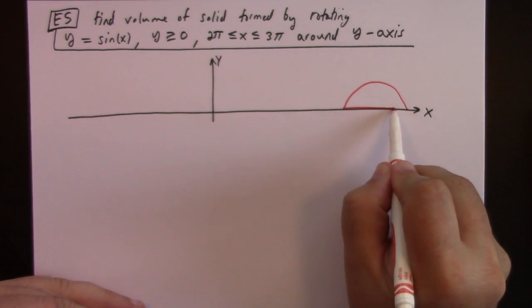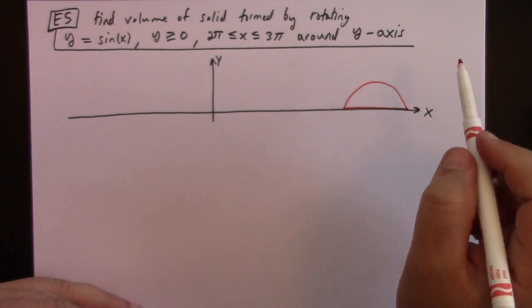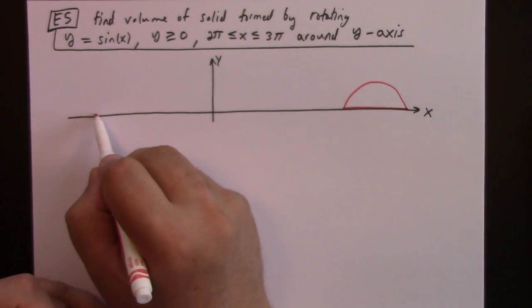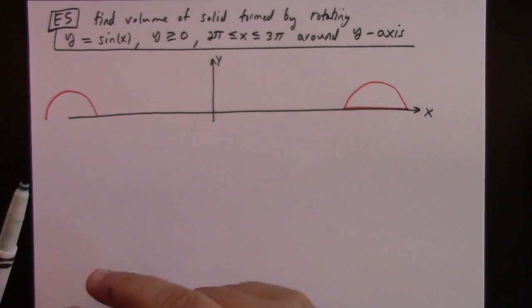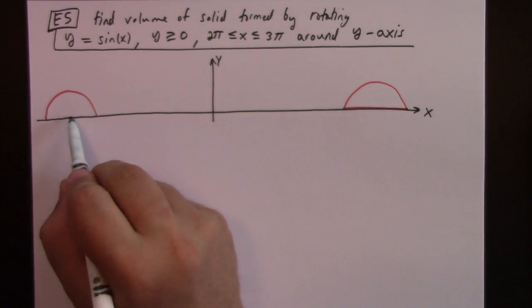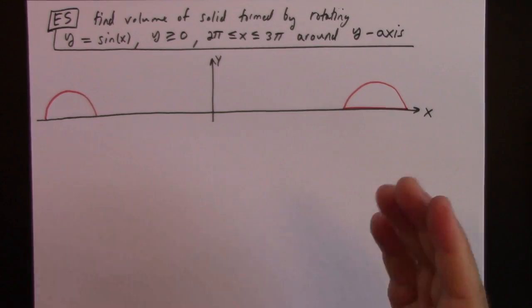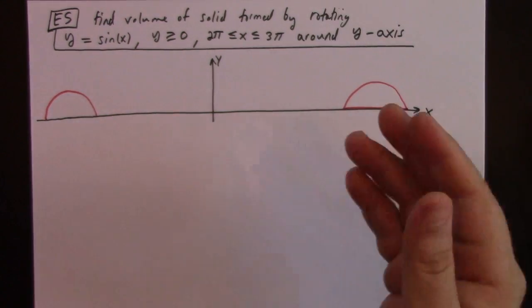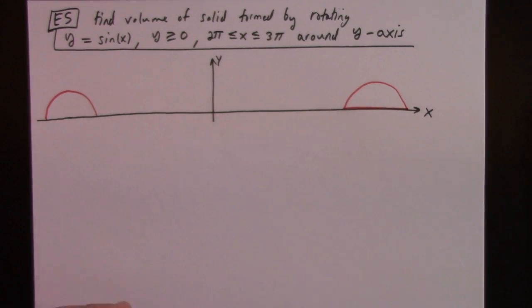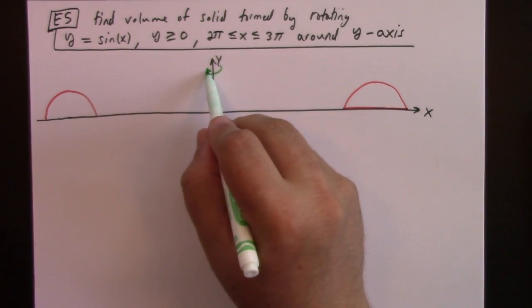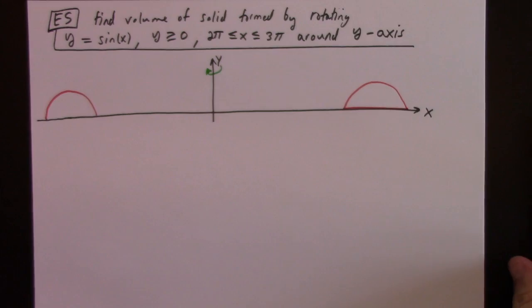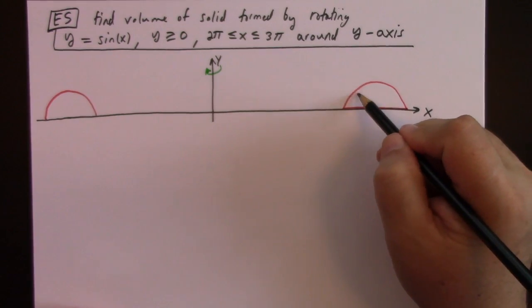And then I'm just taking this bit of sine, and rotating it over here like that. That was supposed to be the same distance, so well, I tried. And so you just rotate that thing around the y-axis, and it's going to kind of look like one of them Jello molds or whatever. And so what's the volume of such a thing?